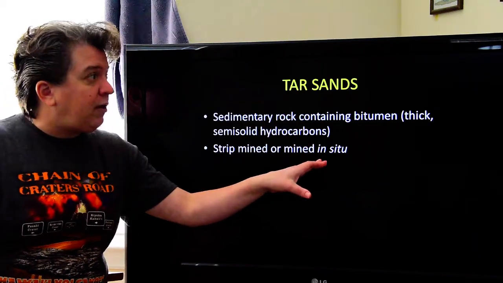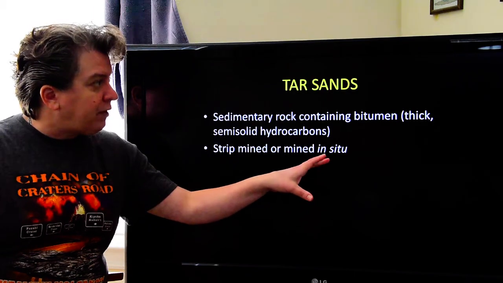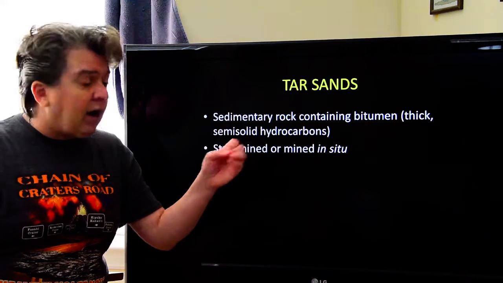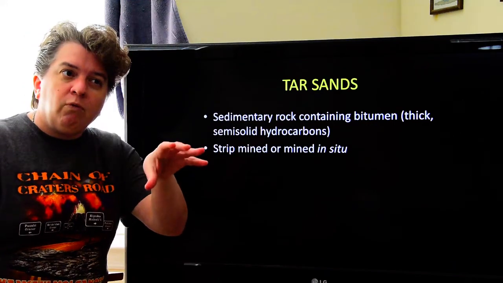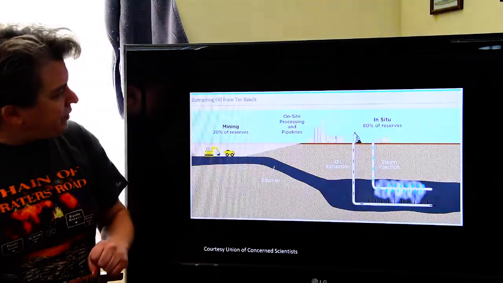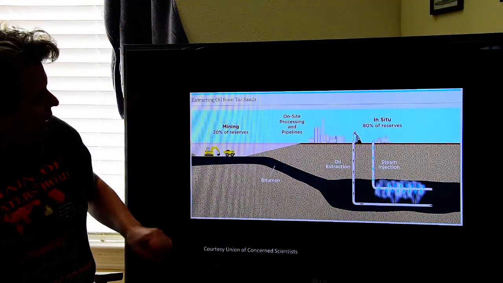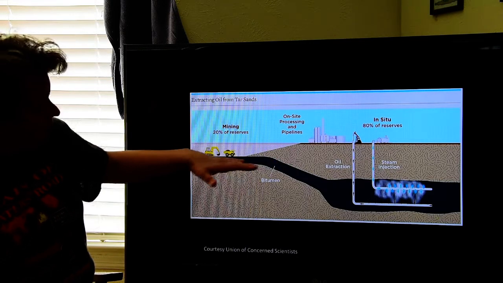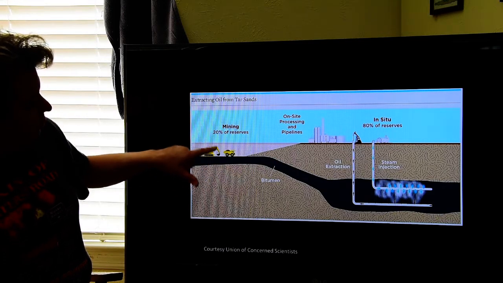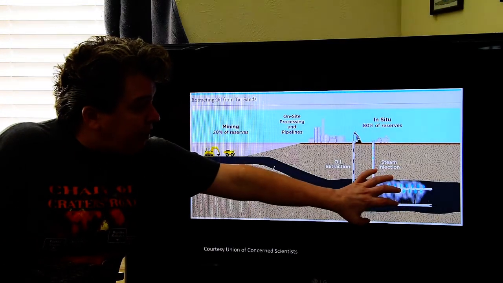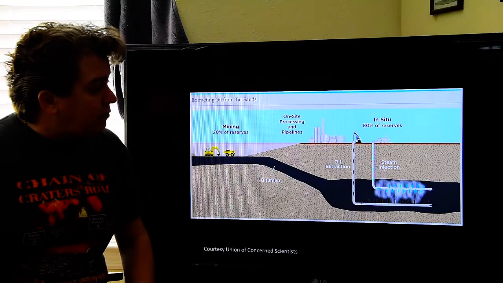But some of the tar sands are extracted in situ, which means we get the hydrocarbons out while leaving the rocks in place. That's what we're looking at here. We might have some of these tar sands close to Earth's surface over here, so we do the strip mining, but they might be deeper underground over here, so that's where we do the in situ.